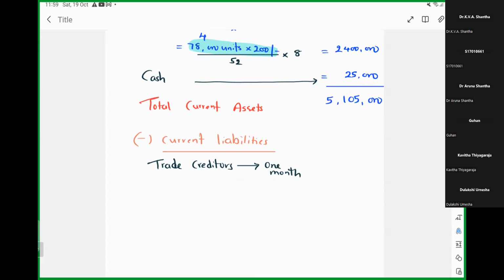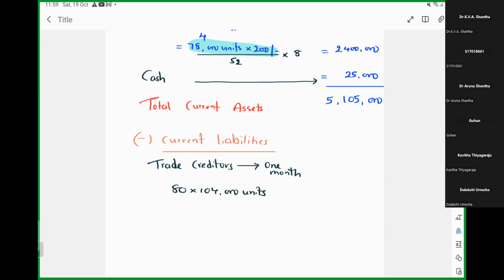Any cash purchases? No, right? Creditors only. For the entire requirement, you purchase on credit. Material cost on credit, 104,000 units.